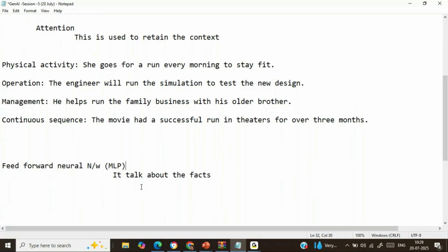With respect to the facts, it is going to provide the outcome. I will show you how the facts are driving this. But at this moment, the feed forward neural network talks about the facts, and multi-stage, multi-layer neural networks are utilized over here.